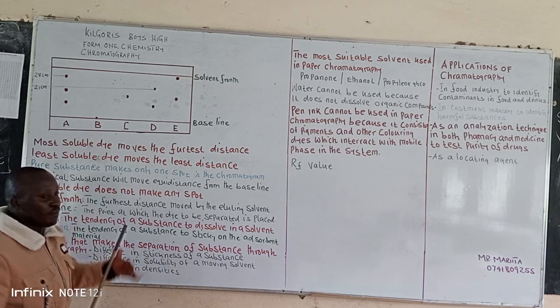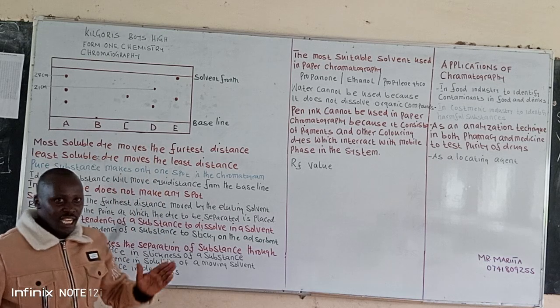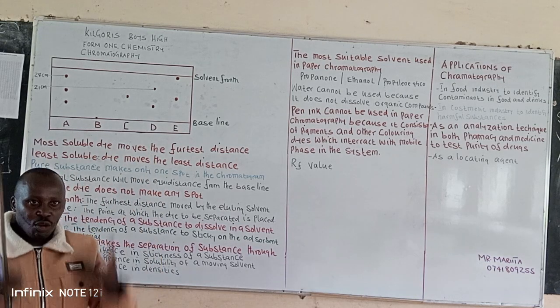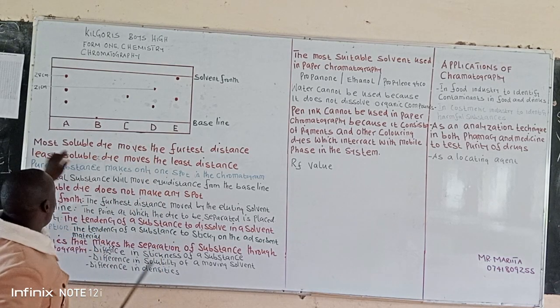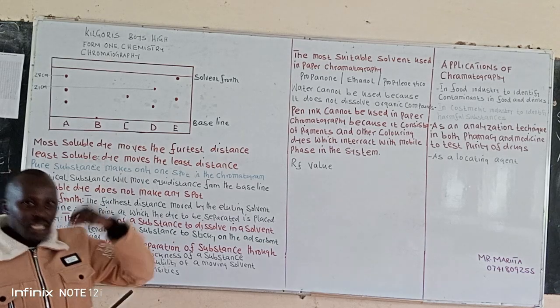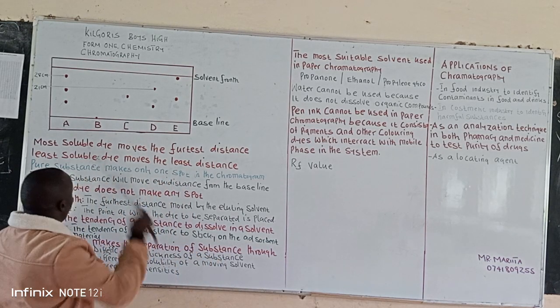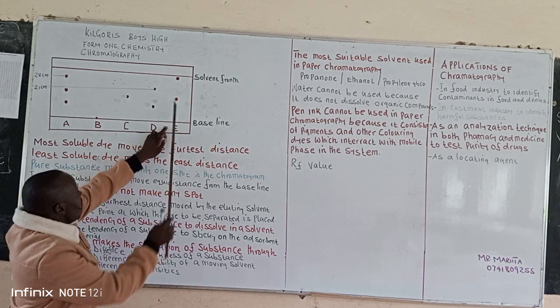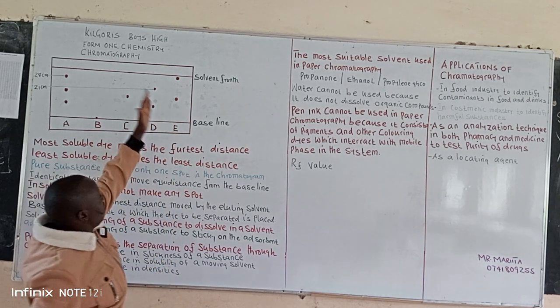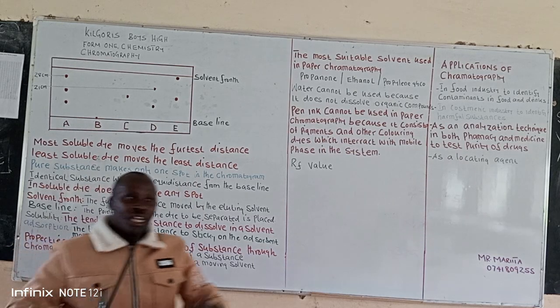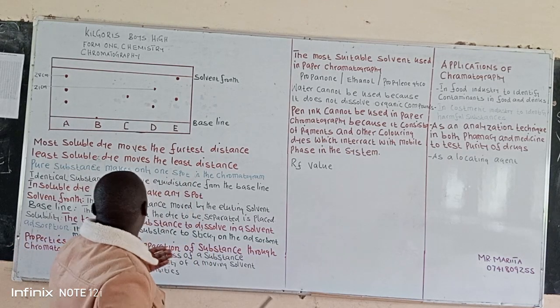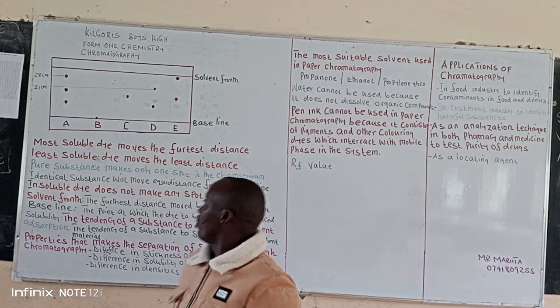So it means that dye E is the most soluble dye.